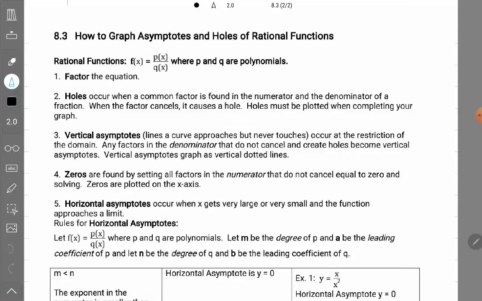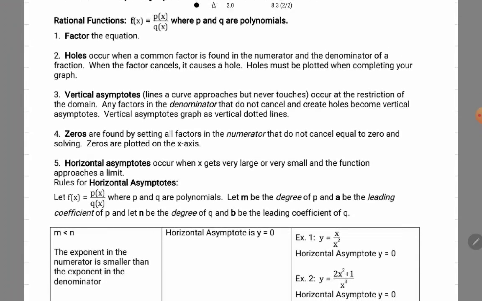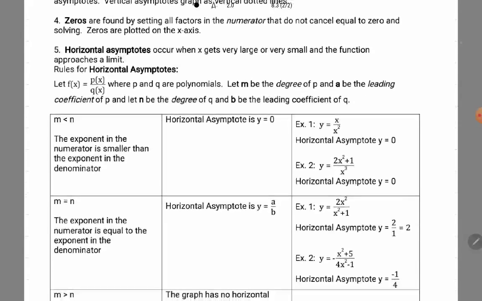Vertical asymptotes are when you look at the denominator and set it equal to 0. If there are any factors down there, that is your vertical asymptote. Zeros are all factors in the numerator that you set equal to 0, and that don't cancel with anything in the bottom. Then horizontal asymptotes have some special rules.